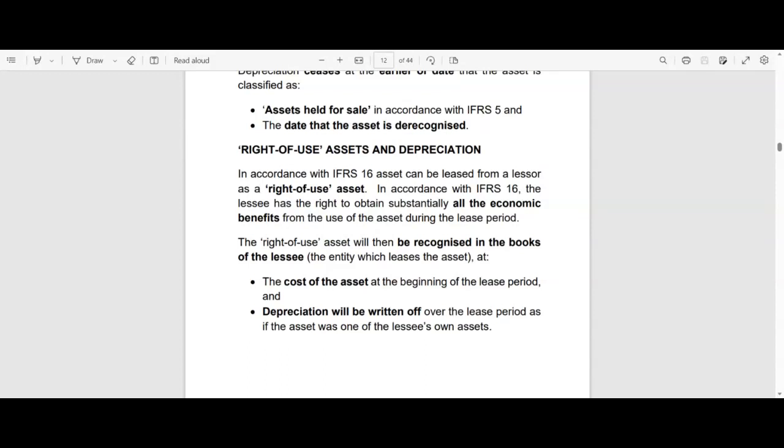Leased, in other words, L-E-A-S-E-D. So we're not the owner yet. We only become the owner once we've fully paid the bank, but we've got all the rights and privileges of ownership. Which means, in turn, we are going to depreciate it just like we do all our other assets. Because we are treating it similar to our own property, we are going to depreciate it in exactly the way that we do our own property.